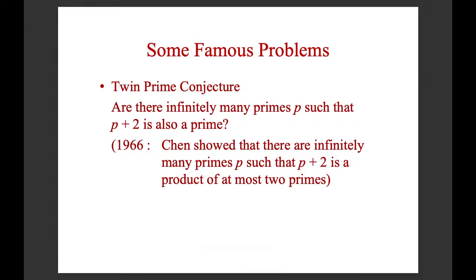So this is one of the results closely related to the twin prime conjecture. And very recently, a mathematician called Zhang Yitang has proven that there are infinitely many primes P such that P and P plus, I forget the number, a very large number, are both primes.